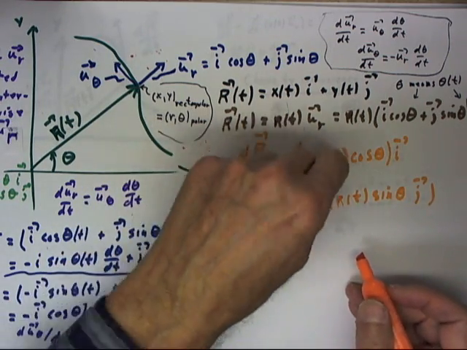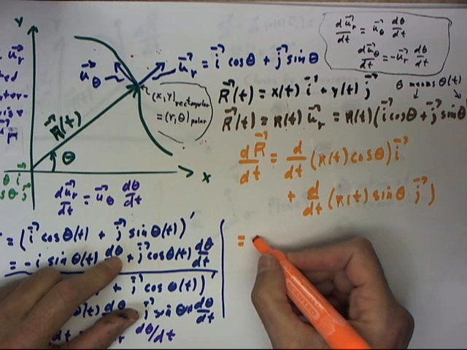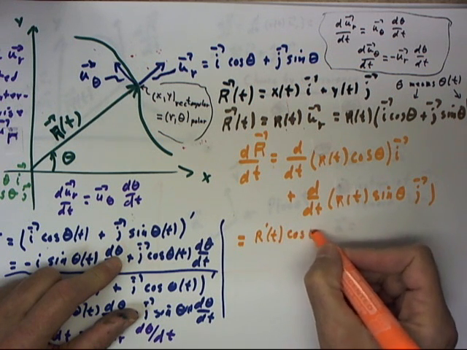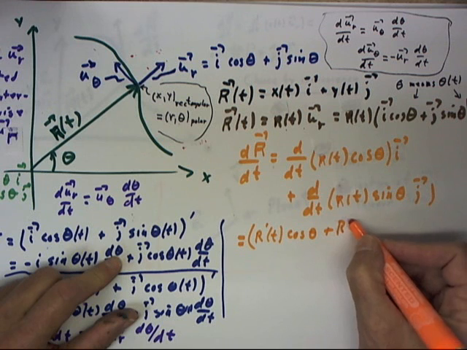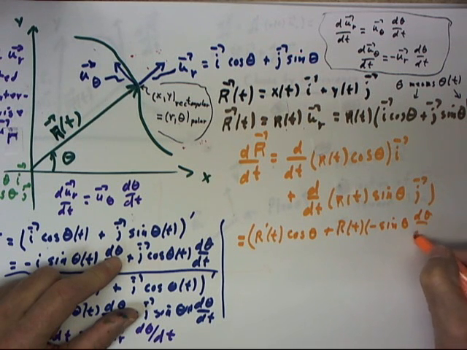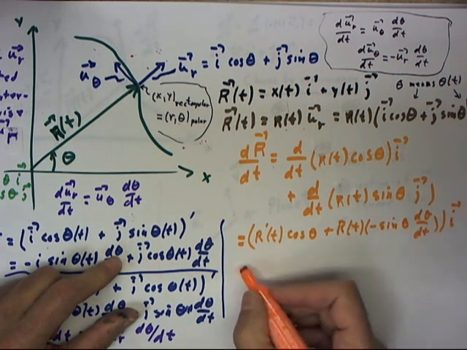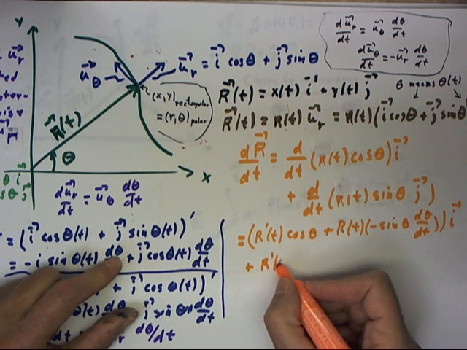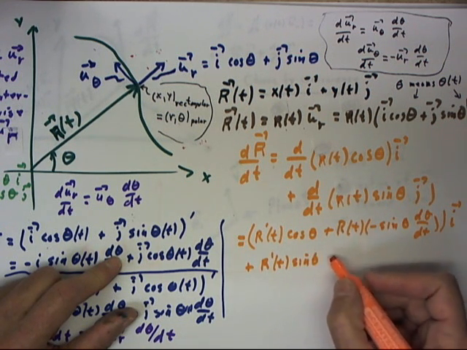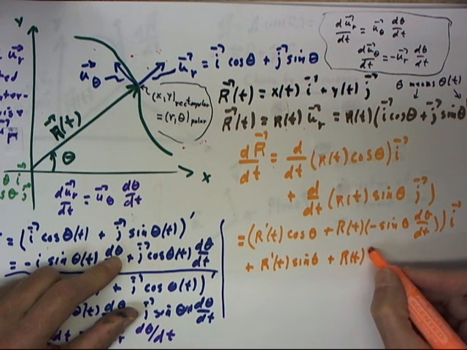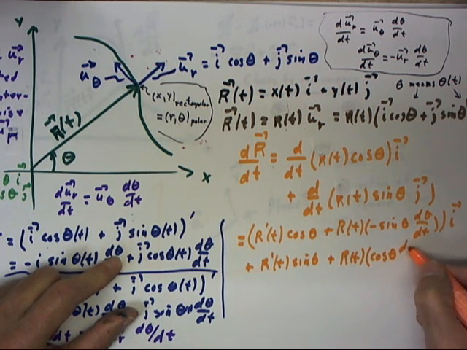And that comes out, well, derivative of the i component is, by the product rule, going to be r prime of t times cosine theta plus r of t times negative sine theta d theta dt times i, and then we have plus a very similar expression, r prime of t sine theta plus r of t cosine theta d theta dt times j.